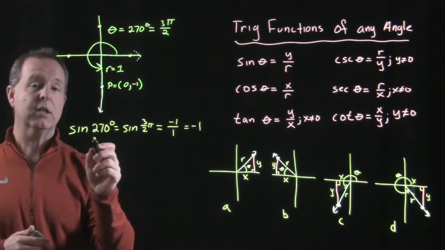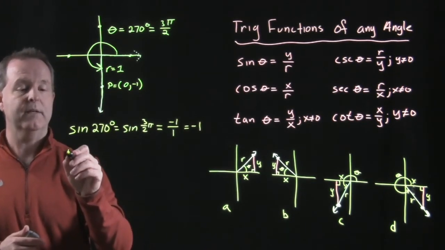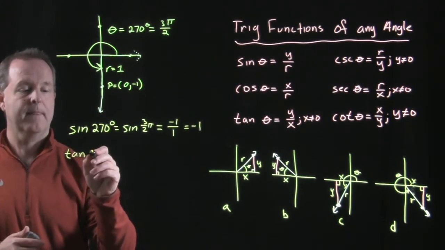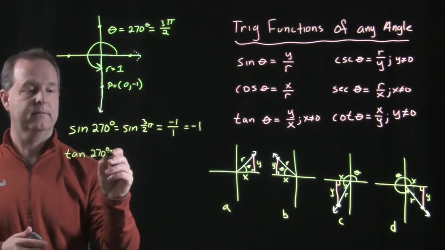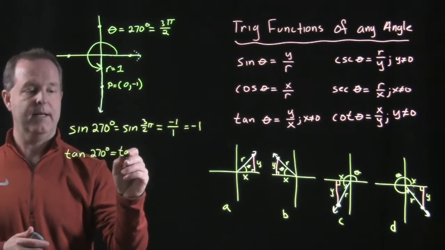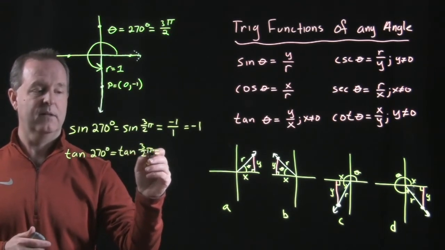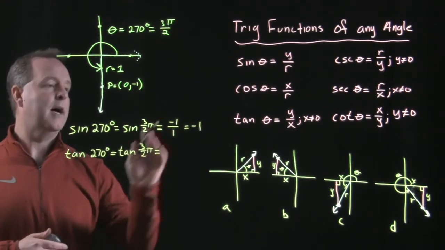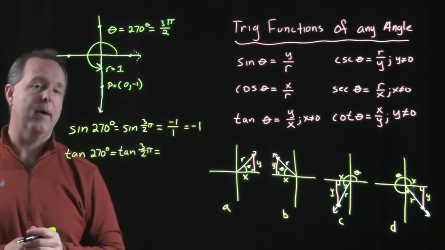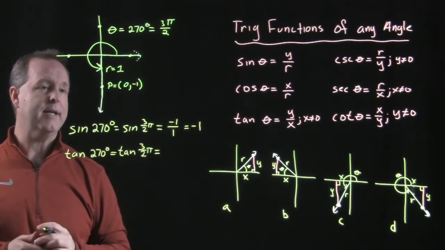All right, let's look at a value of our tangent at 270 degrees. The same thing as a tangent of 3/2 pi. We again look at that. That's my y value over my x, or my ratios of my y's to my x's.